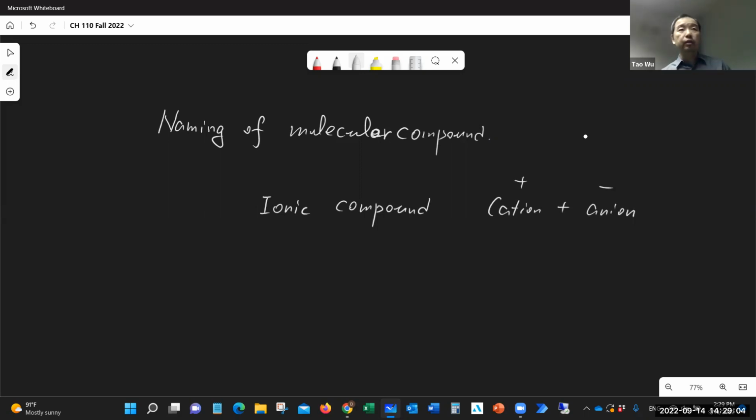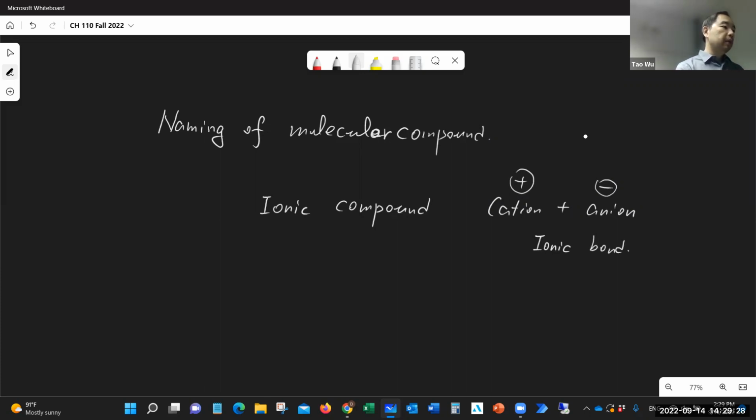So they bind together because the positive charge and the negative charge attract each other and generate the electrostatic attraction. This attraction is called the ionic bond. And they make bonds like this.